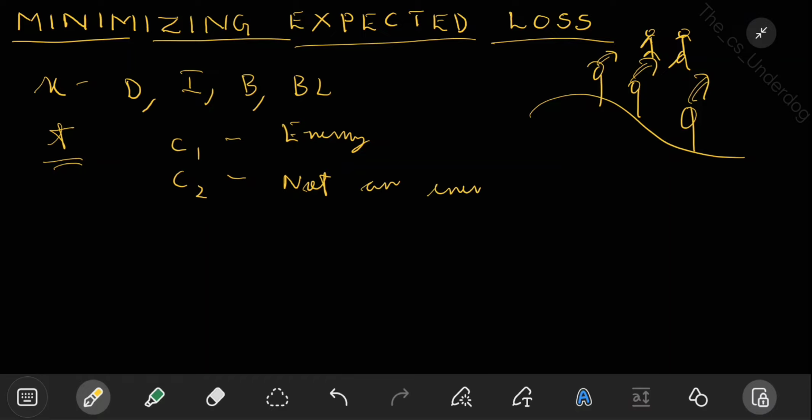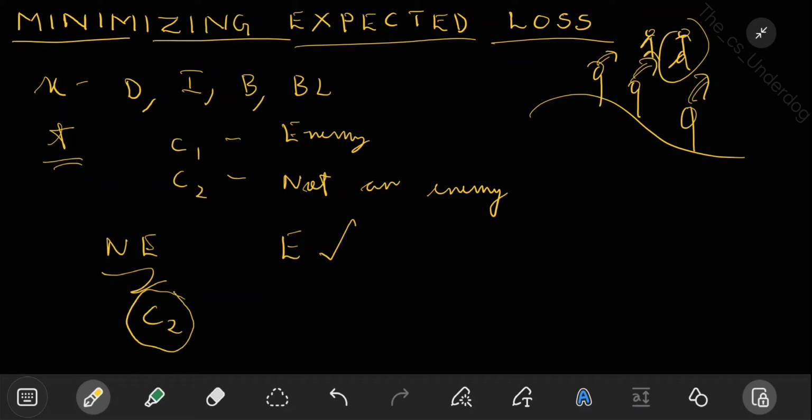In this case, let us consider what happens if one person is approaching. He is actually not an enemy. But what did you do? You classified wrongly as enemy. That is, this should have been in C2, which is not an enemy, but you wrongly classified it as C1. What will happen?